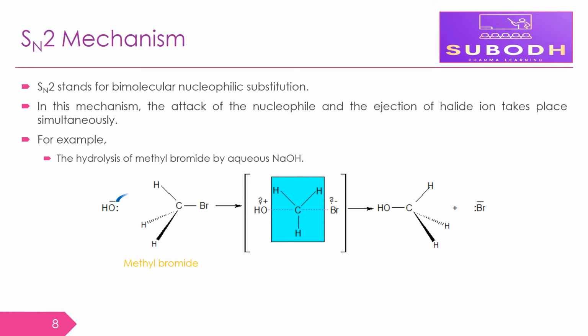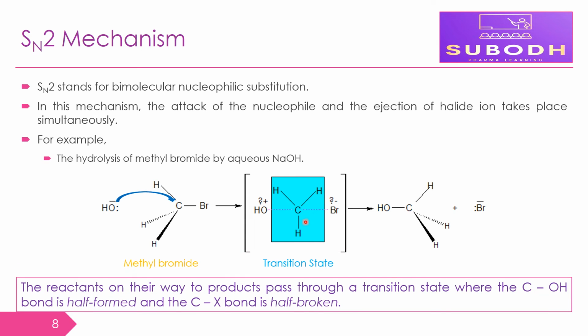In this, the nucleophile attacks the carbon of methyl bromide and passes through a transition state where the carbon and OH bond is half formed and carbon halogen bond is half broken. After completion of transition state, the bromine gets removed and replaced by OH group to form methyl alcohol.